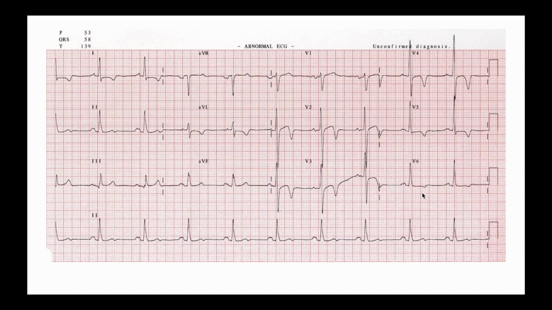So you can find inverted T waves over here. This is a very big or deep inverted T wave in precordial lead 5 as well as in lead 4. You can see subtle T wave inversion in lead 6. You can also find it in standard lead 1, in lead 2, as well as in AVL.